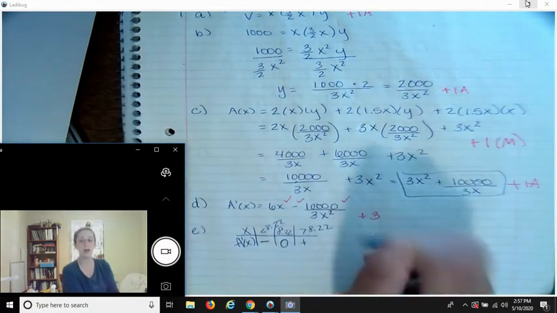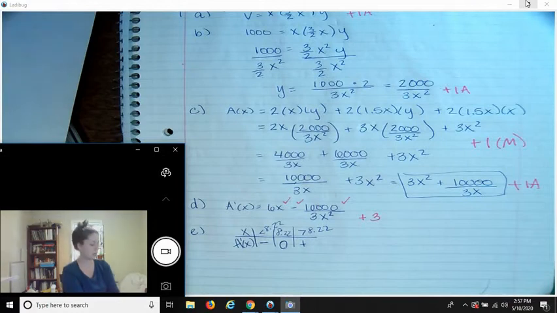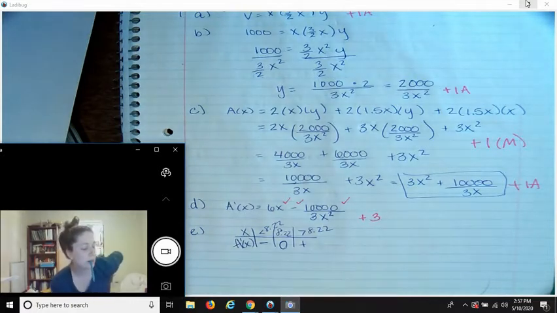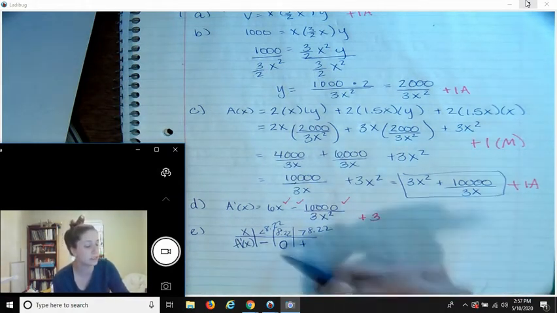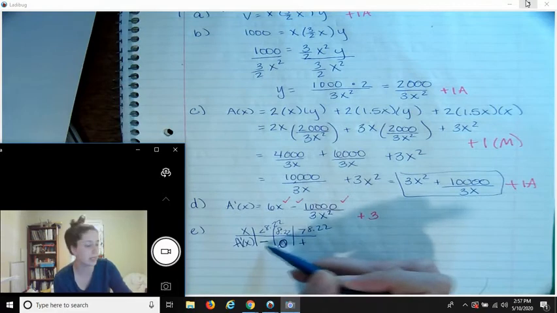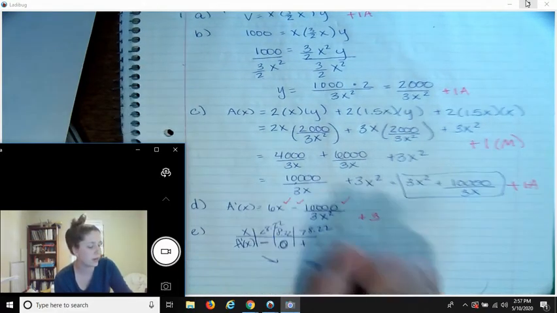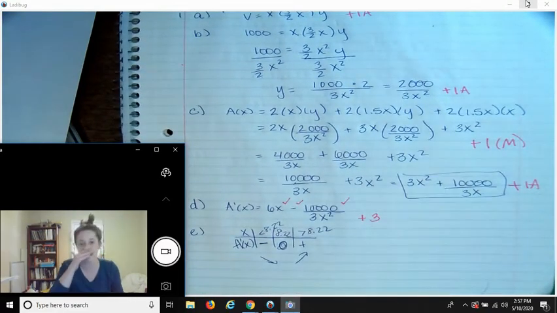And this is not the only 0 we can find. It's the only 0 in the domain that they give us because we can't have x values less than 0 here. For the domain we're given, which is positive x values, this is the only 0. If we go to the left, we get negatives. If we go to the right, we get positives. So we do indeed have a minimum.